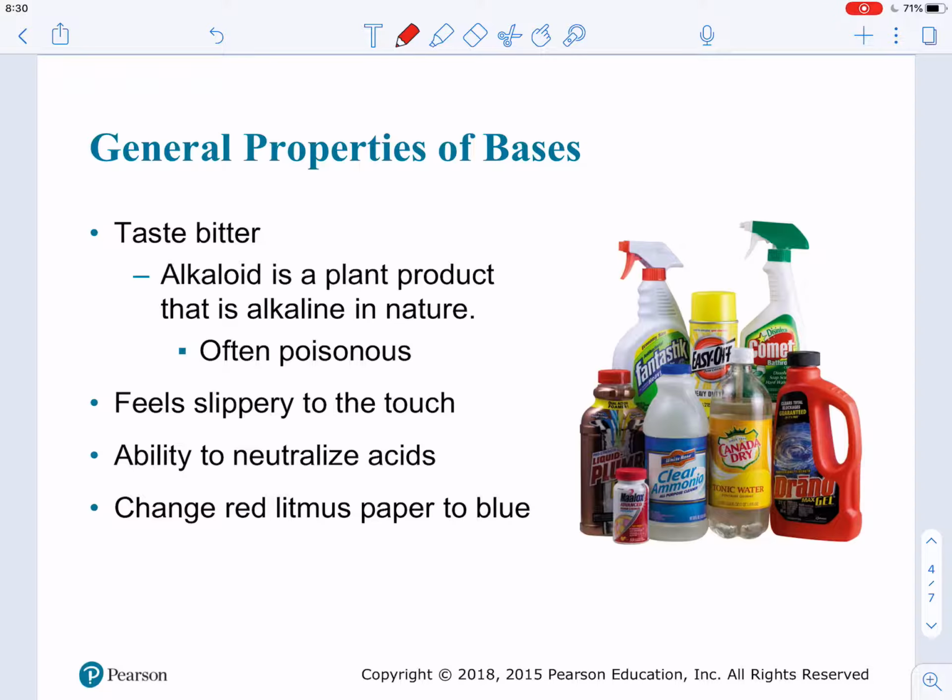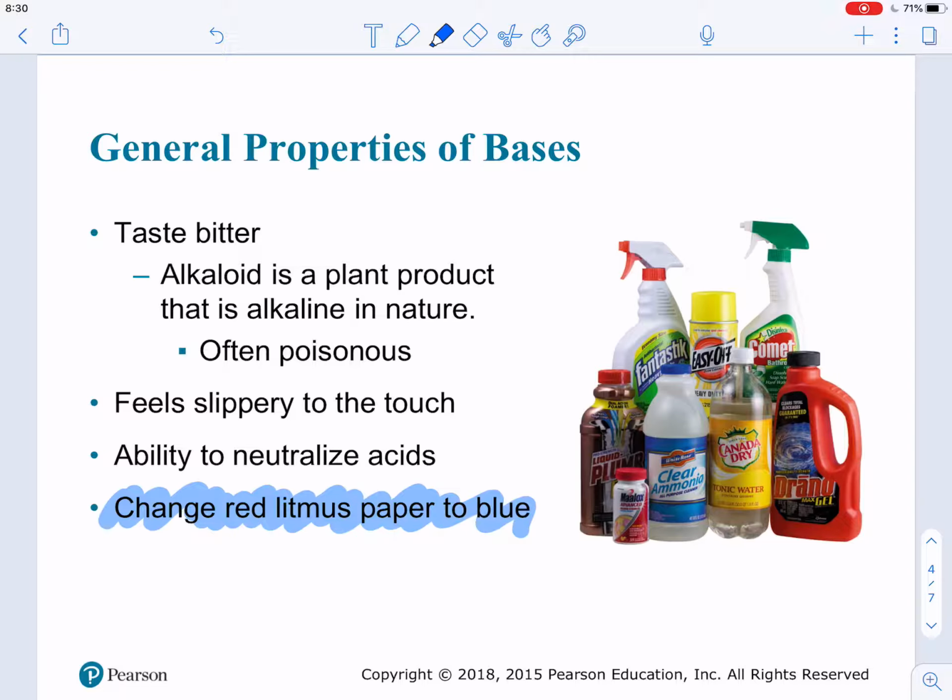And in this case, back in the day, if you have a base and you have red litmus paper, then they have the ability to change it to blue. So again, this is a paper that was used to identify if you have an acid or a base. Nowadays we still use paper, but they are a little fancier, if you will.